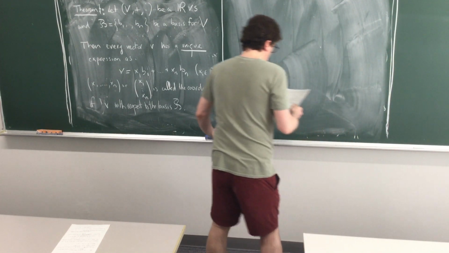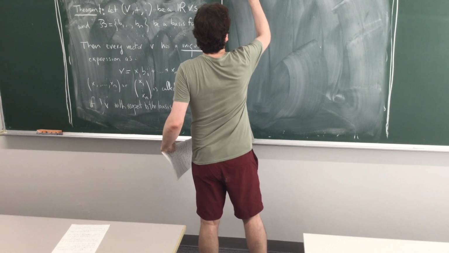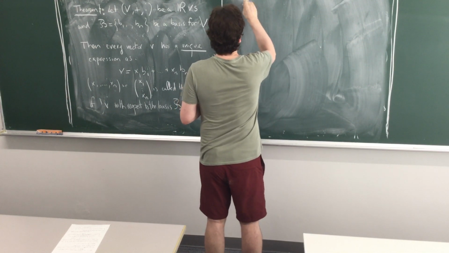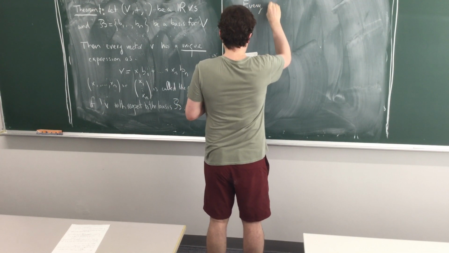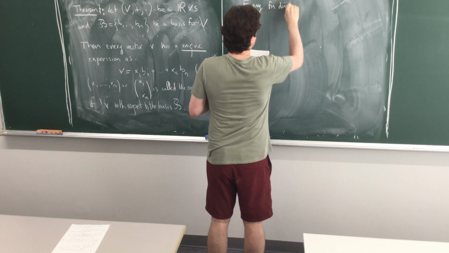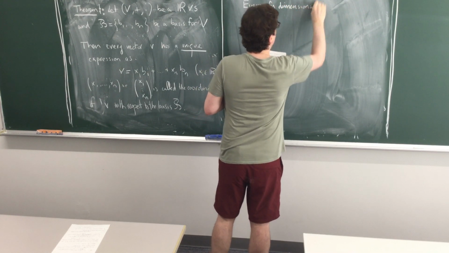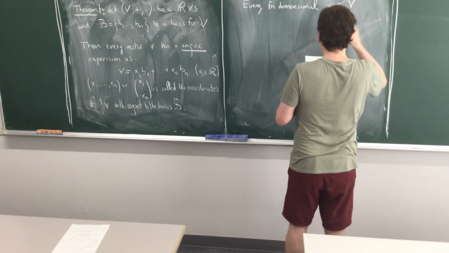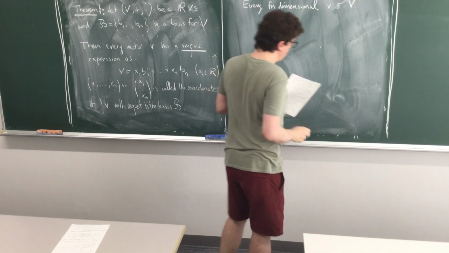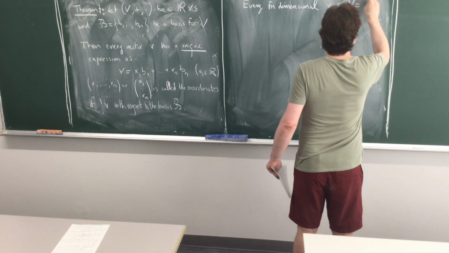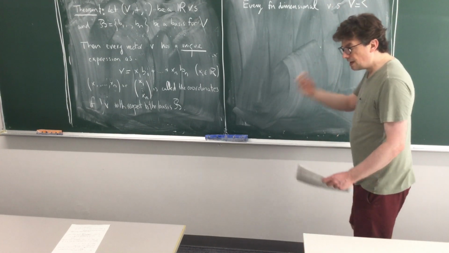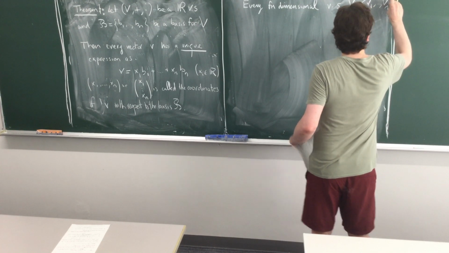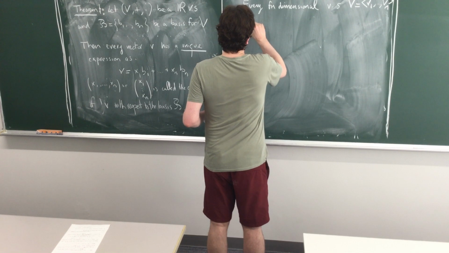Now, theorem 2. Every finite dimensional vector space V. What finite dimensional means, you remember, is that it is spanned by a finite set of vectors, so let's call them v1, ..., vm, and it has a basis.